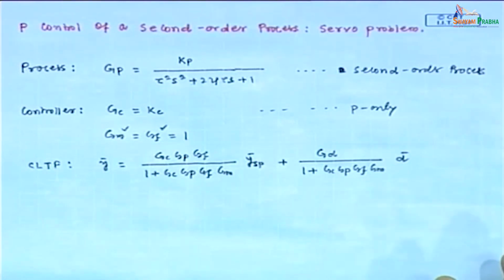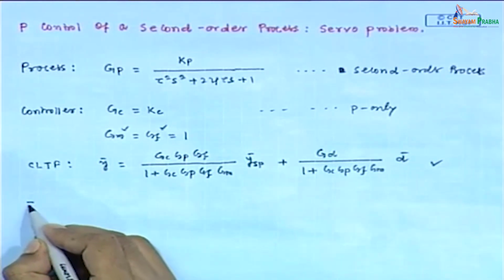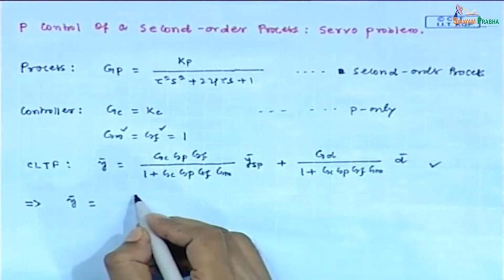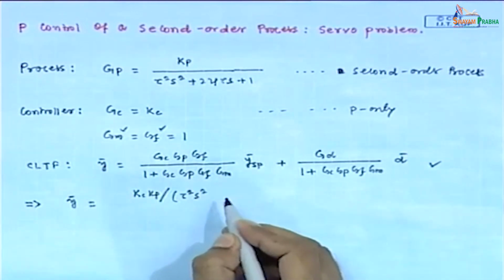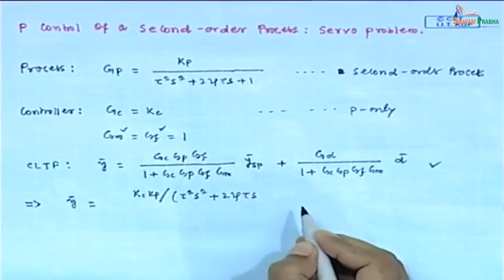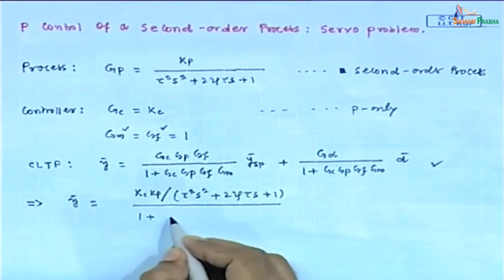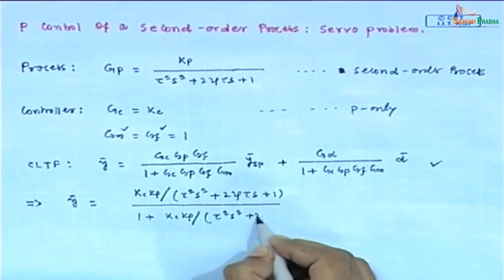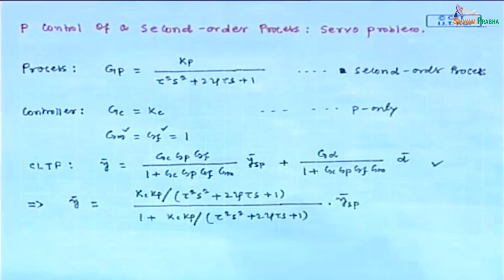Now, substituting all the individual transfer functions in this generalized form, we obtain y bar equals Kc Kp divided by tau square s square plus 2 zeta tau s plus 1, whole divided by 1 plus Kc Kp divided by tau square s square plus 2 zeta tau s plus 1, multiplied by y set point bar.